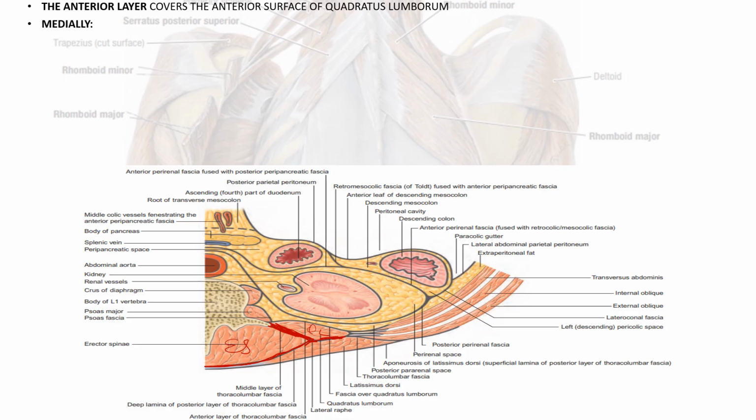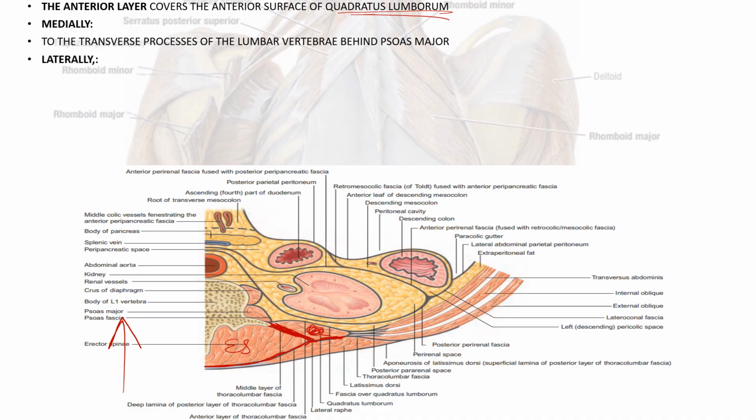Now the anterior layer, again I am coming from posterior to anterior. The anterior layer will cover the quadratus lumborum. This muscle is the quadratus lumborum, and medially it is attached to the body or to the transverse process, behind the psoas major. This muscle is psoas major.